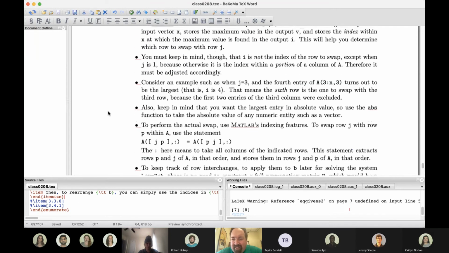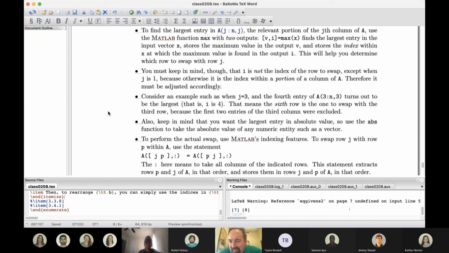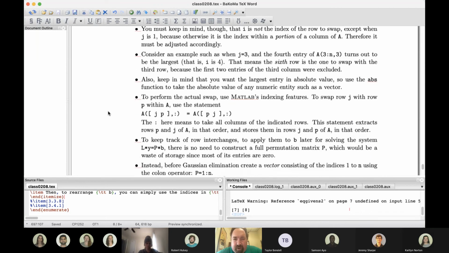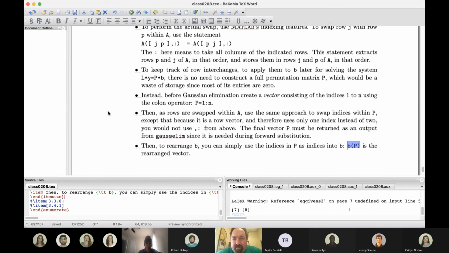I know there's a lot here. That's an understatement. Are there questions about what's going on here with partial pivoting?